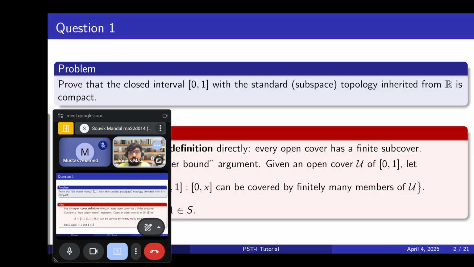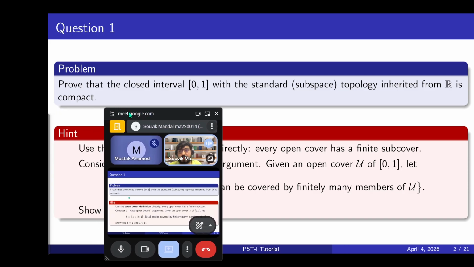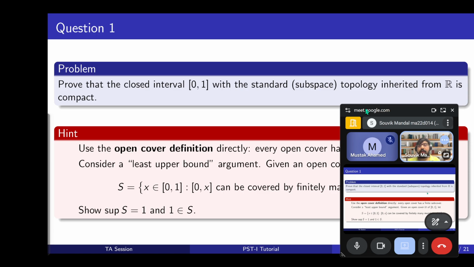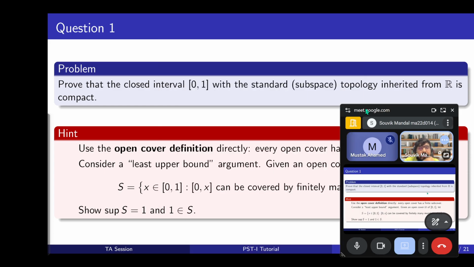Okay, so today we'll solve some questions. The first question is as follows. The closed interval [0, 1] is compact. These are some standard questions you may face in your exams.